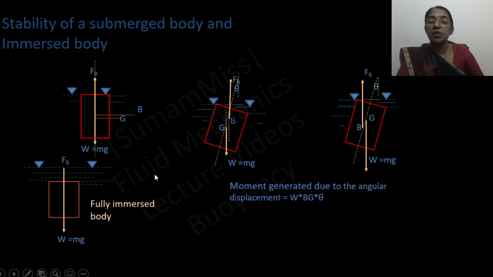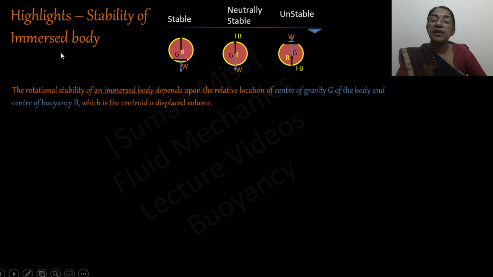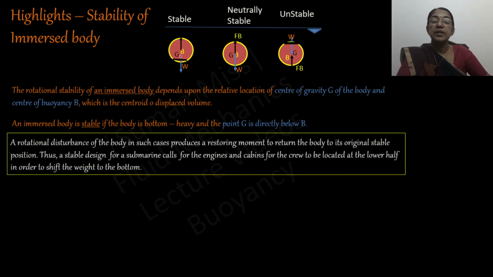So the rotational stability of the immersed body can be explained by considering the position of G with respect to B. The immersed body is in stable equilibrium if the center of gravity is directly below B. That is possible if the body is bottom heavy. In that case, it will develop a restoring moment and return the body to the stable position.